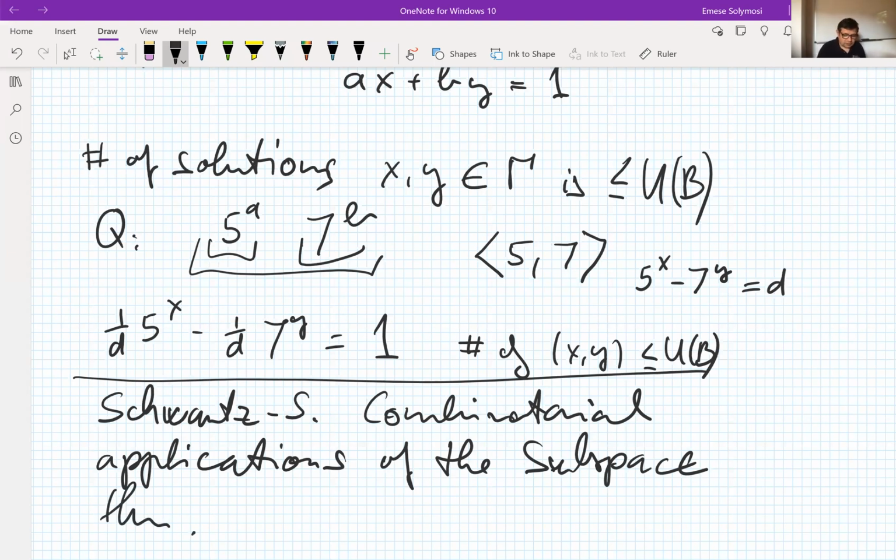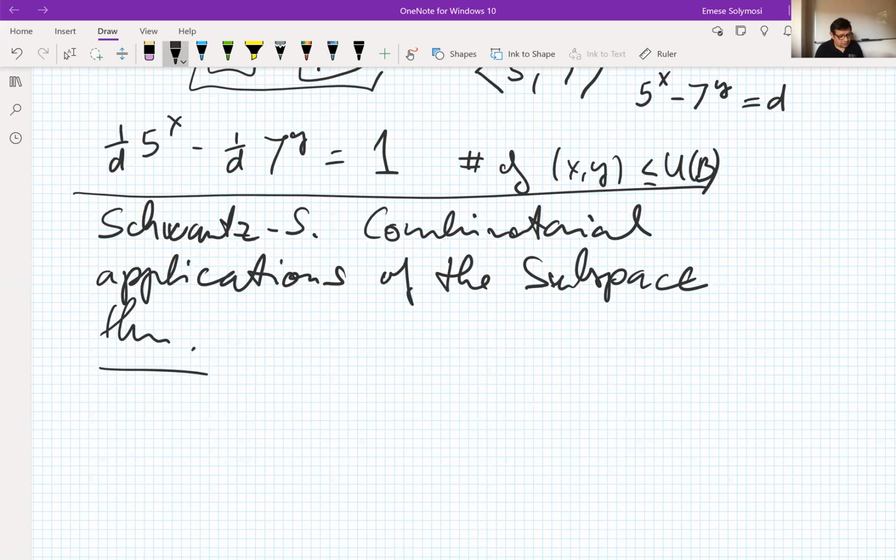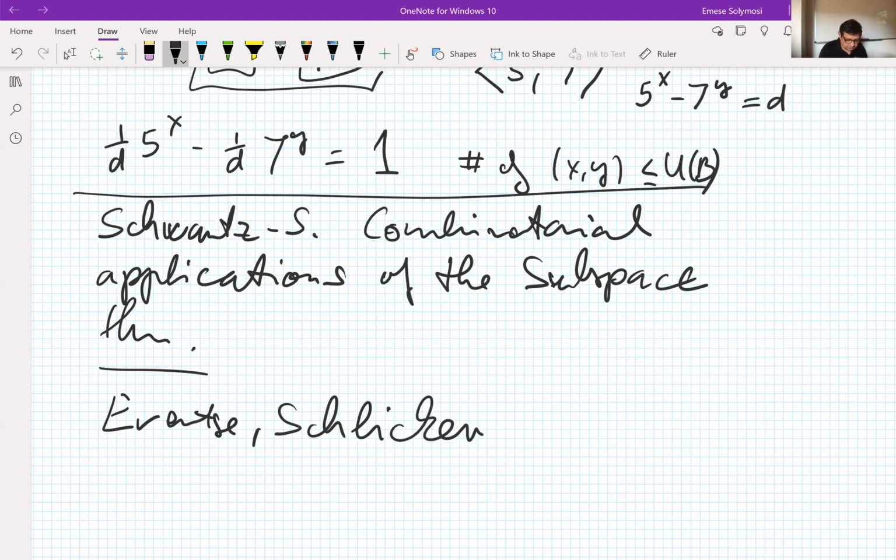Very good. Right, so the theorem I'm going to state is due to Evertse, Schlickewei, and Schmidt.